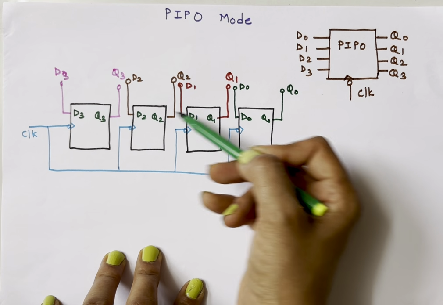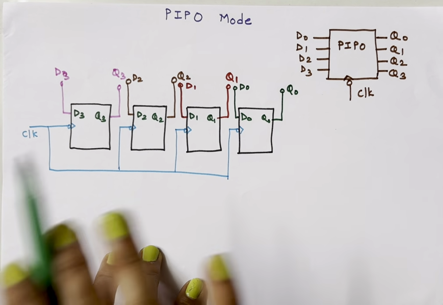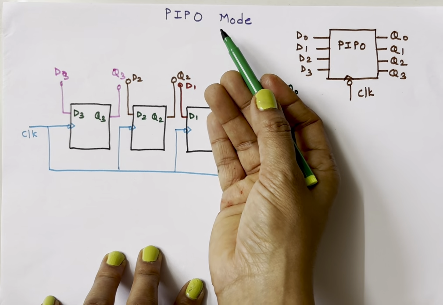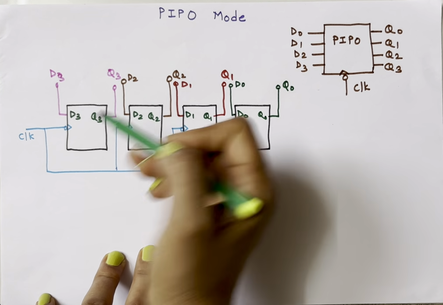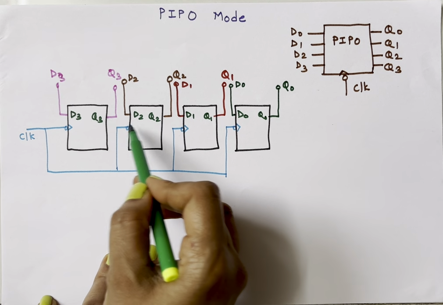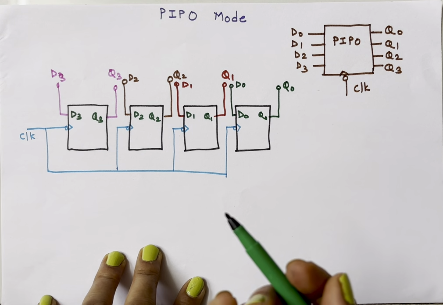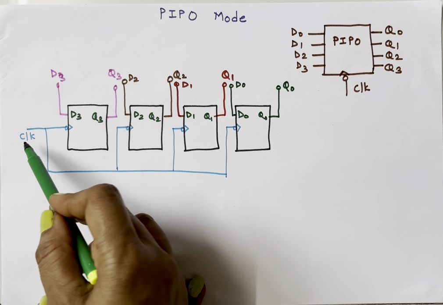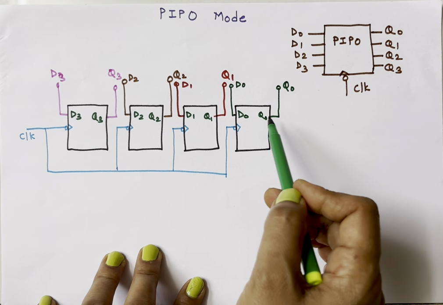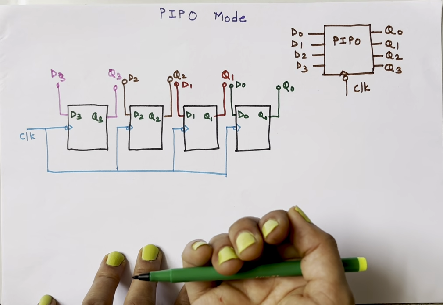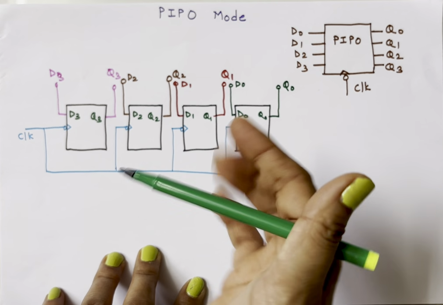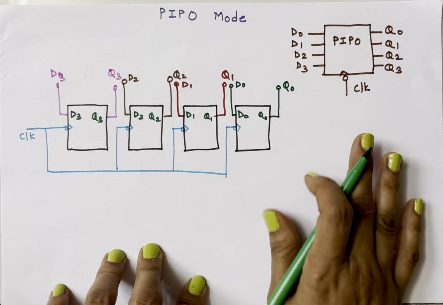So all 4 inputs are externally available, and data comes out parallelly. So all 4 outputs are also externally available. There is no connection between 2 flip-flops, but they work in synchronization because a single external clock drives all 4 flip-flops. So all 4 flip-flops will load data simultaneously and they'll give output simultaneously.